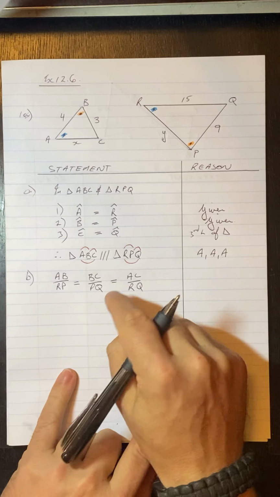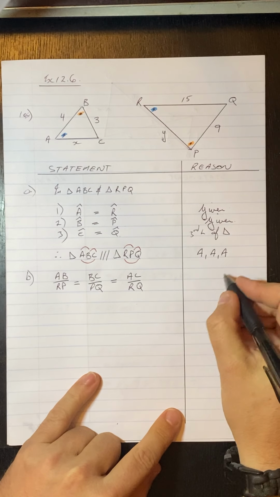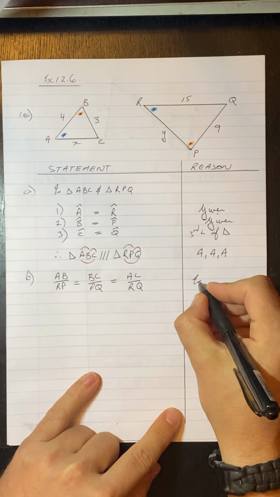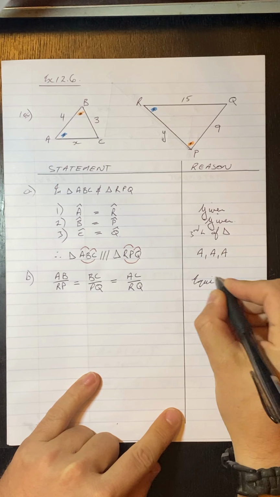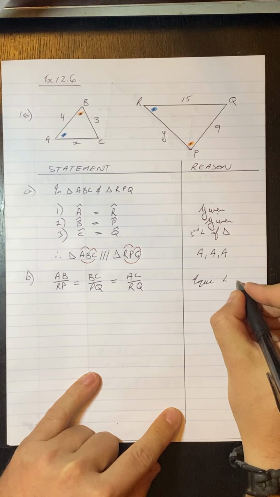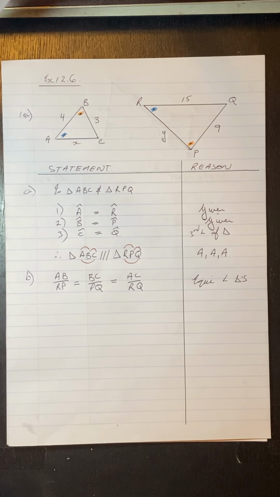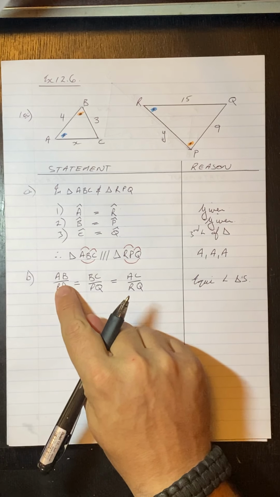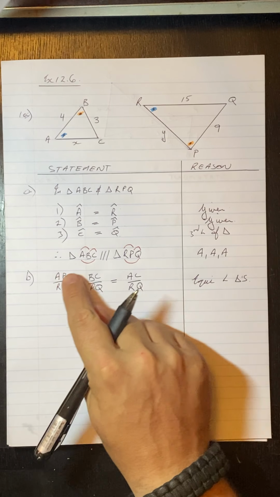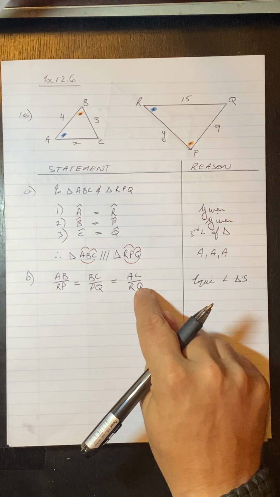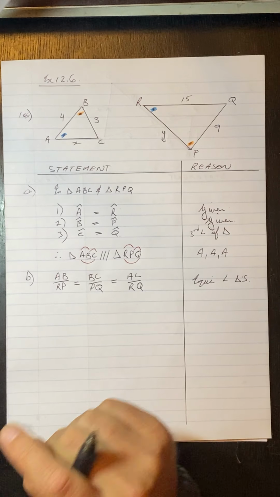My reason for this is equiangular triangles. That's from our previous video. Now what I'm going to do is fill in the information for this AB, RP, BC, PQ, AC, RQ from our two triangles over here.